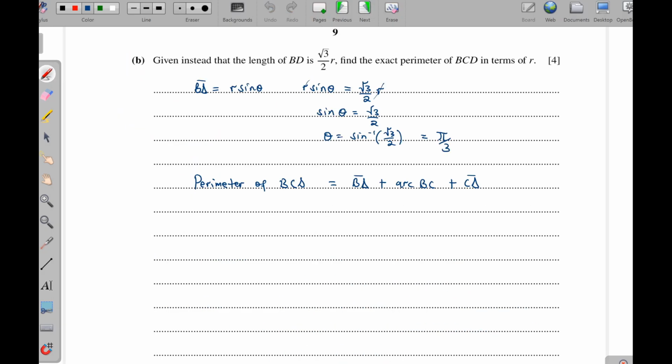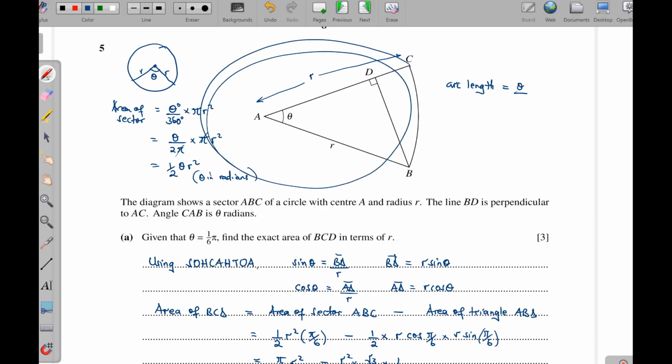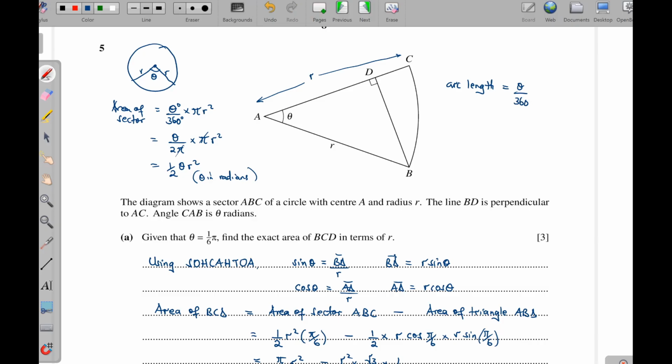So we shall have our BD, it is given as root 3 over 2 of R, then arc length here, we know it as R theta, but it comes from this arc here subtending an angle at the center, which is theta, out of the angles at a point adding up to 360 degrees. So divide by 360 degrees times the arc, which is part of the circumference of a circle.